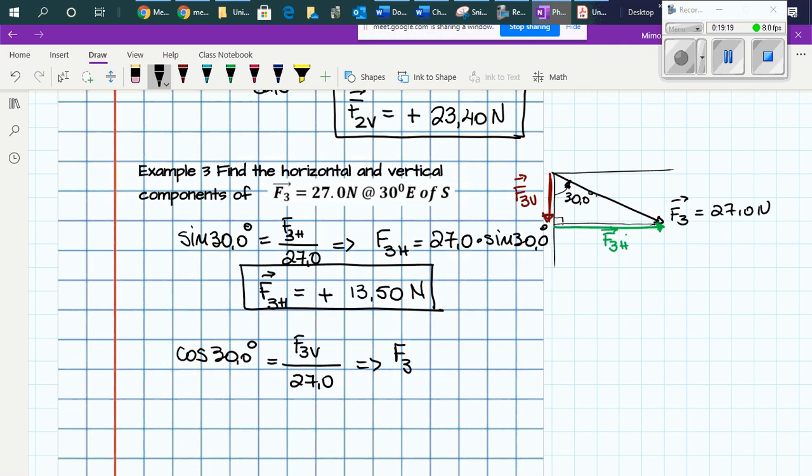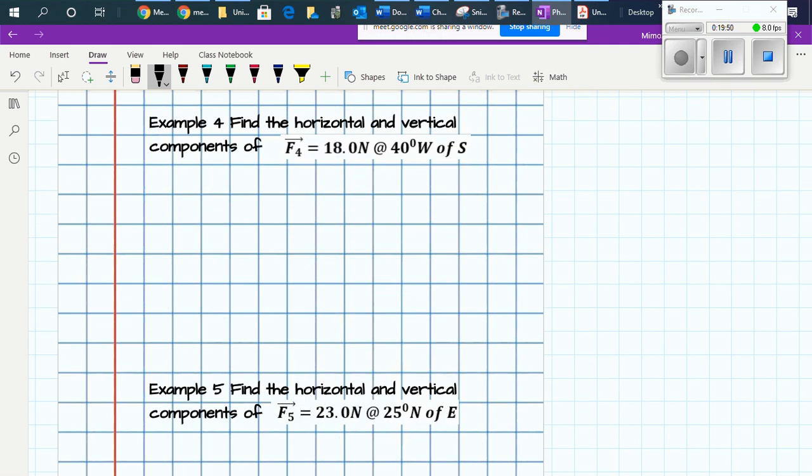From here, F3 vertical will be 27 times cosine 30, and F3 vertical will be negative 23.38 newtons. Does it make sense? Guys? Okay, let's move now to the next example.